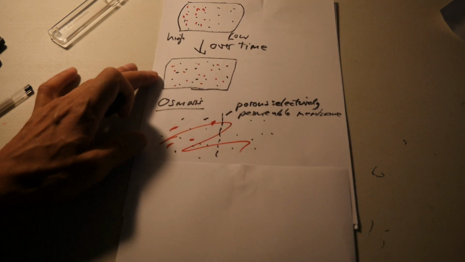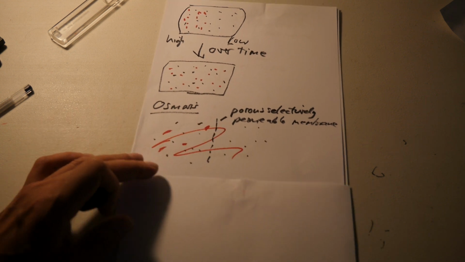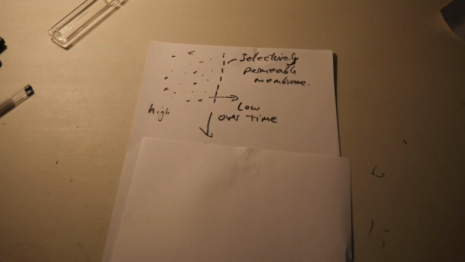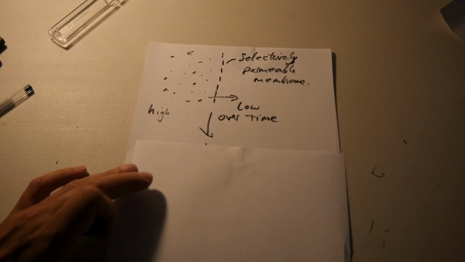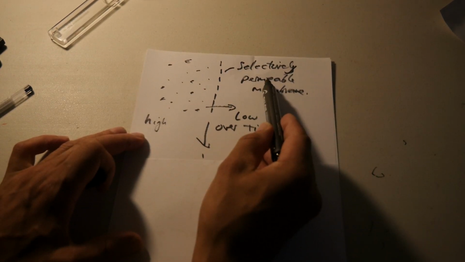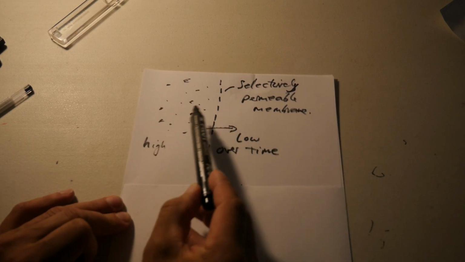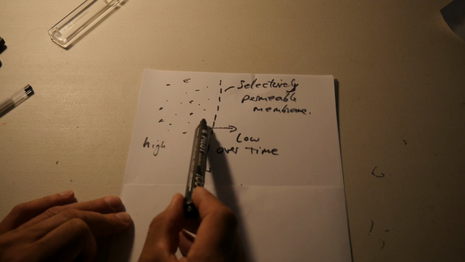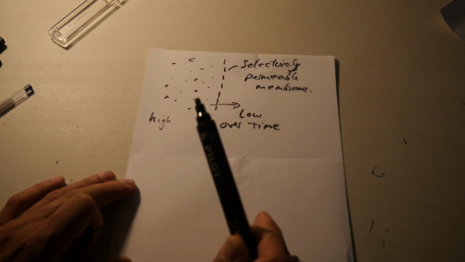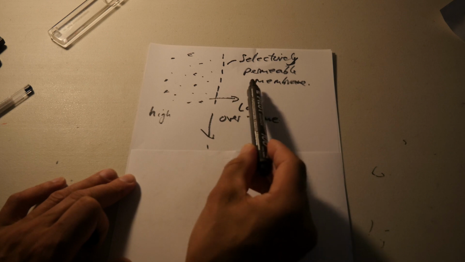Osmosis uses a selectively permeable membrane, okay? That was a bad diagram that didn't work, so I replaced it with this diagram. This is osmosis, so it uses a selectively permeable membrane. You've got large black molecules and small little ones, okay? The small ones can go through the gaps, the pores, in the membrane. So over time you have a high concentration here of the molecules and a low concentration here.